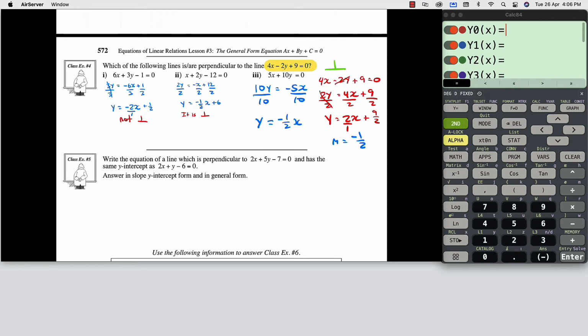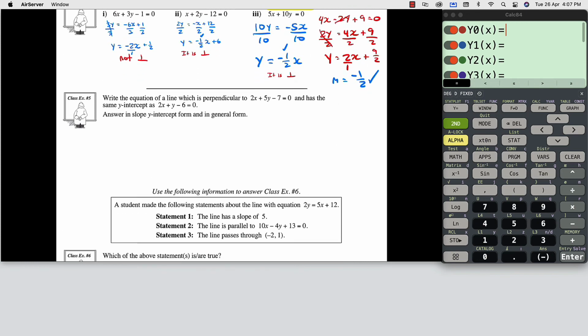So yes, it is also perpendicular. And remember, what we're really looking at here is to make sure that the slope is the same.